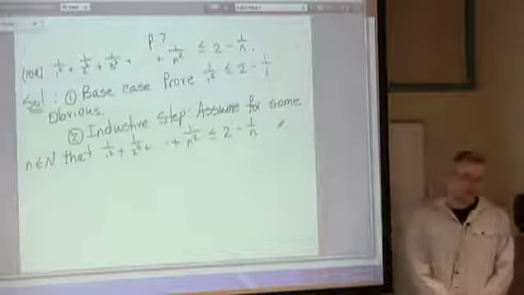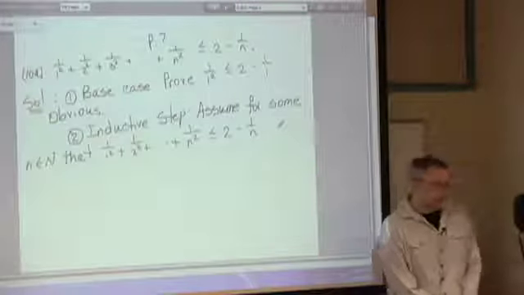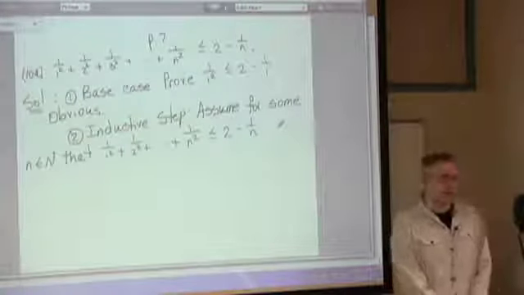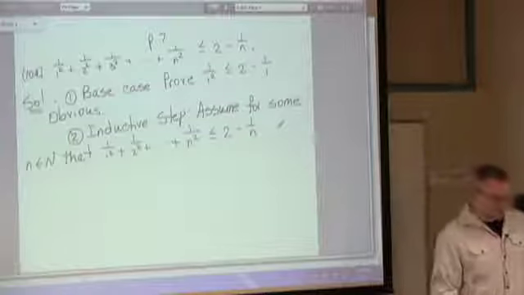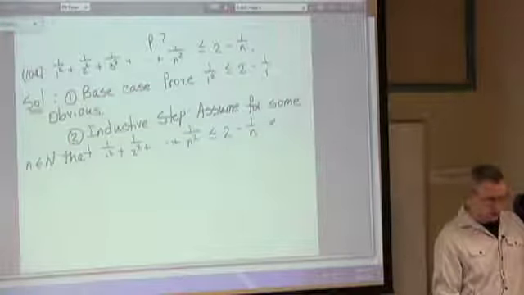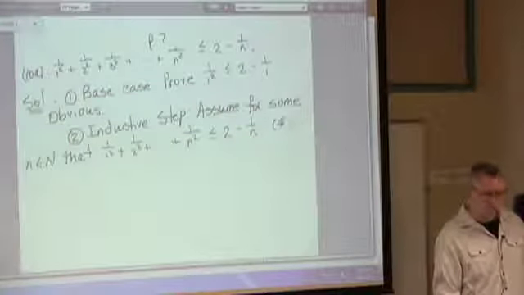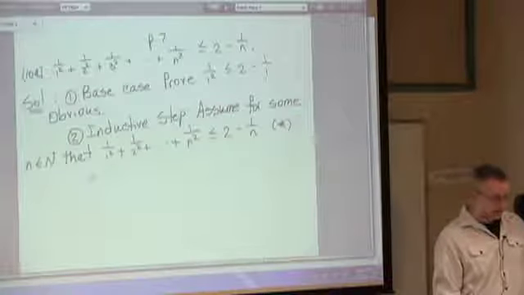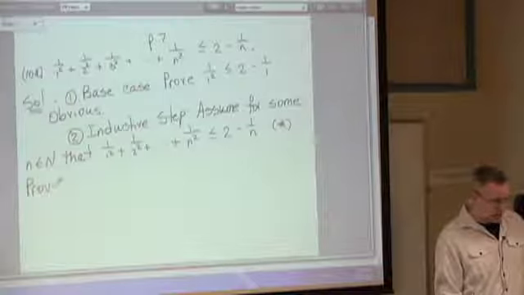And you want to prove that this same inequality is true with n replaced with n plus 1. So this is our inductive hypothesis. That's what this is called. Put a little asterisk next to this. This is what we're allowed to assume.